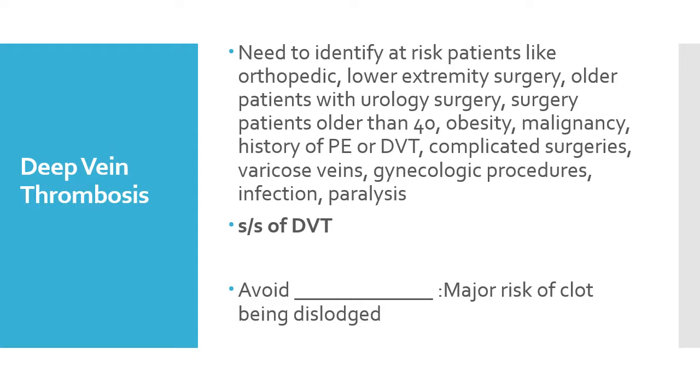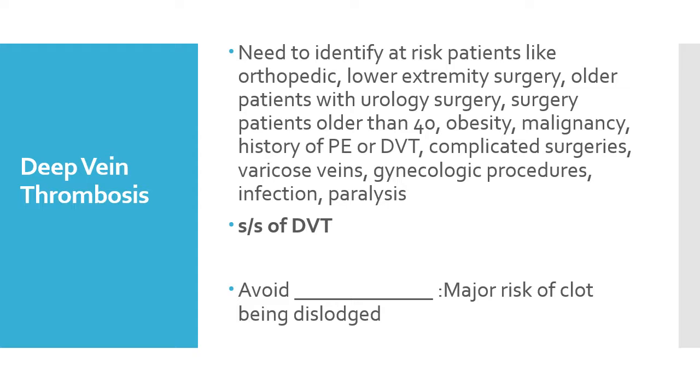Those are some examples of patients that would be at risk. What are some signs and symptoms of a DVT? This is usually pain or cramps, especially in the calf, pressure area that causes pain, swelling, slight fever, chills.